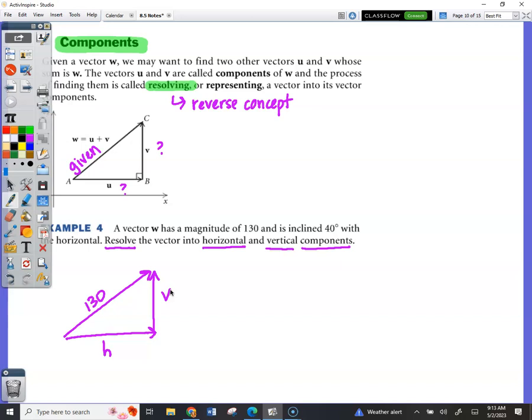So 40 goes where in my picture? Bottom left, bottom right, top. Where does the 40 need to go? Bottom left. It says it's inclined with the horizontal.